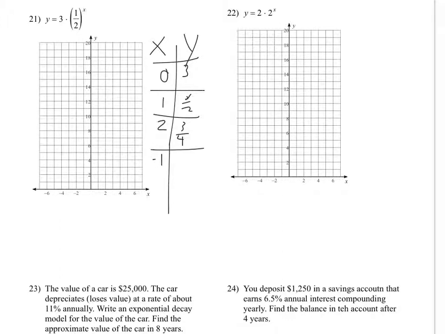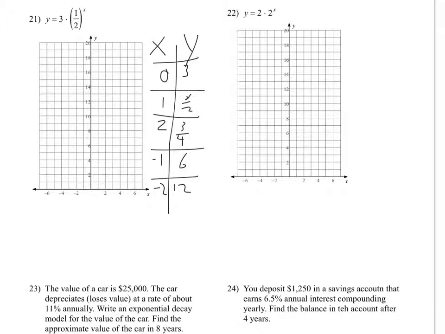So then let's do -1. If I plug in a -1, 1/2 to the -1 is 2, so I'm going to get 6. And if I plug in a -2, 1/2 to the -2 is 4, times 3 is 12, and if I did -3, I'd get 24, so I'll stop there.